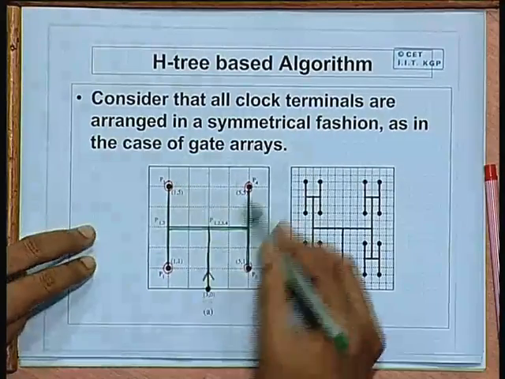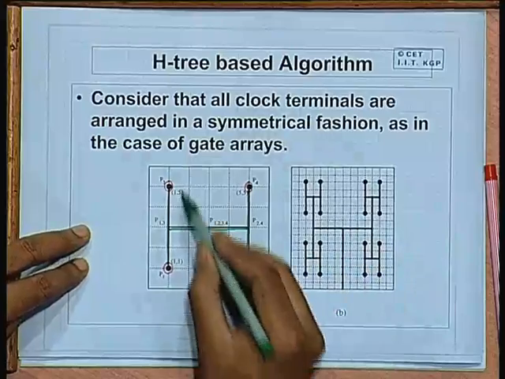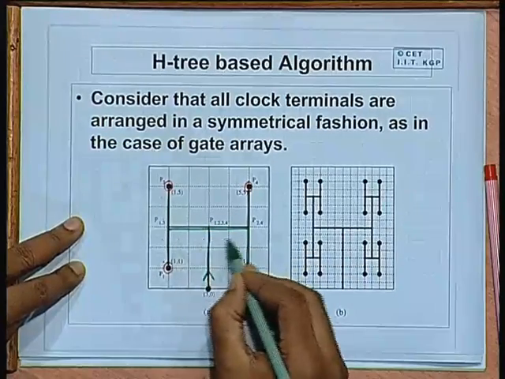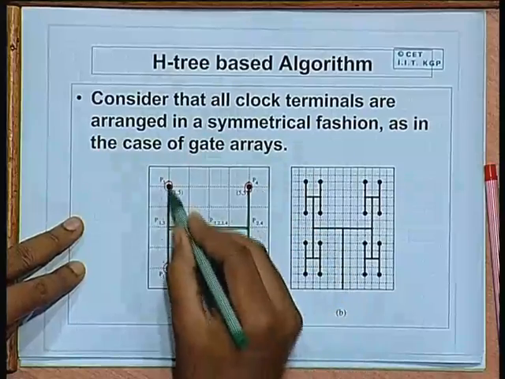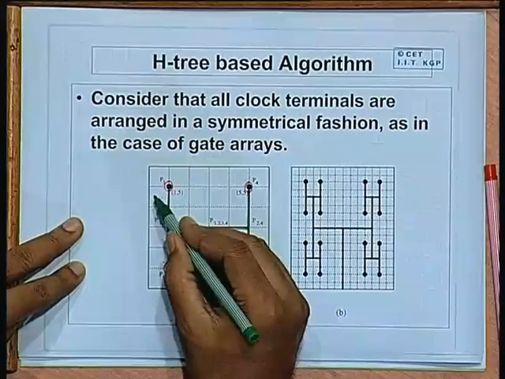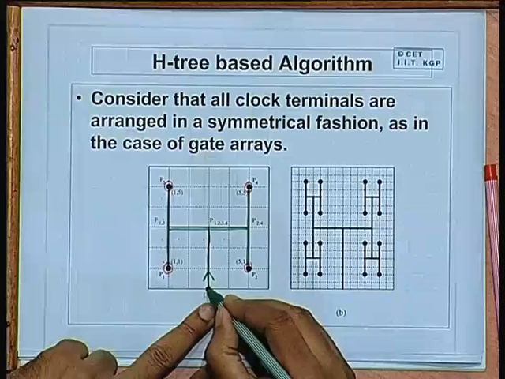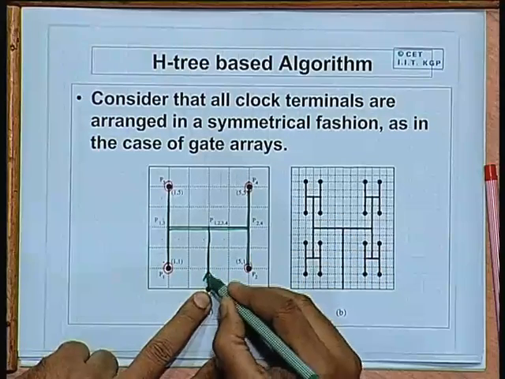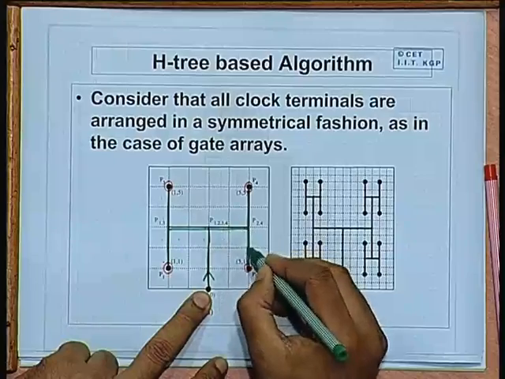Now, if you lay this out in a regular way, we will see in terms of the grid lines 1, 2, 3, 4, 1, 2, 3, 4. This is laid out as a 4 by 4 grid. So, now you see with respect to the source, each of the destinations are at a distance of 1, 2, 3, 4, 5, 6, 7.